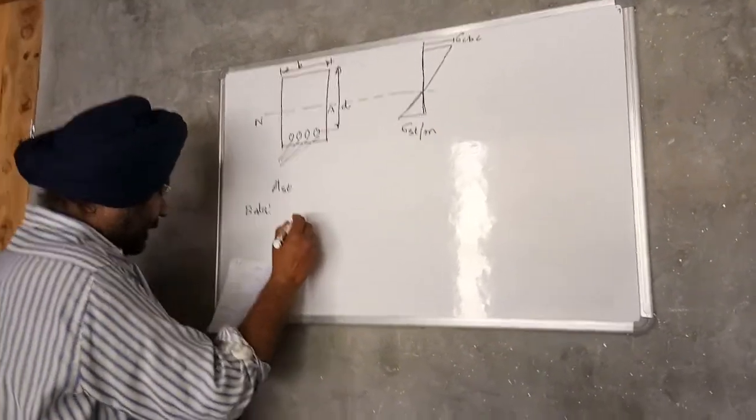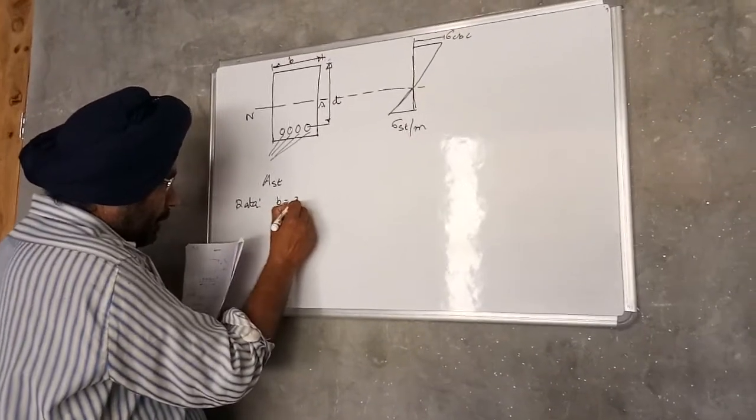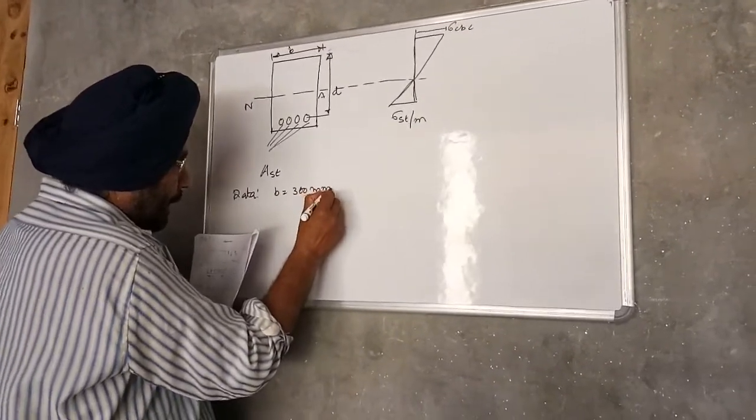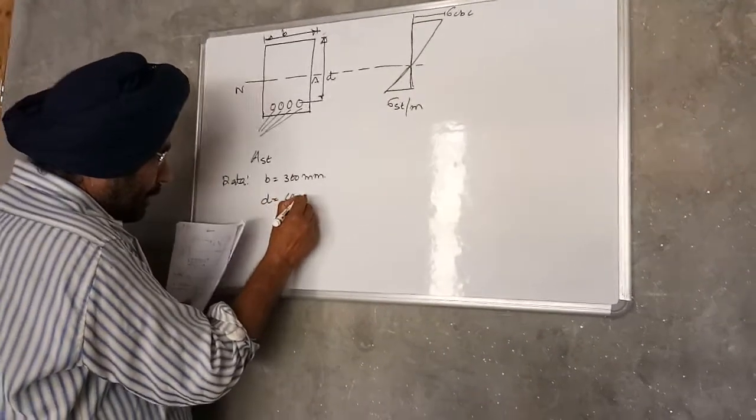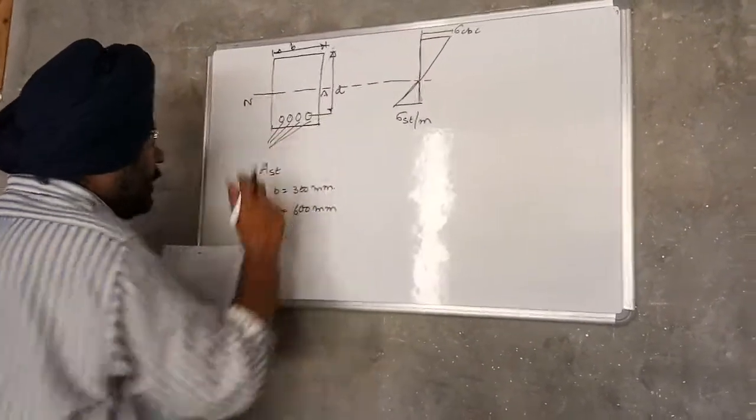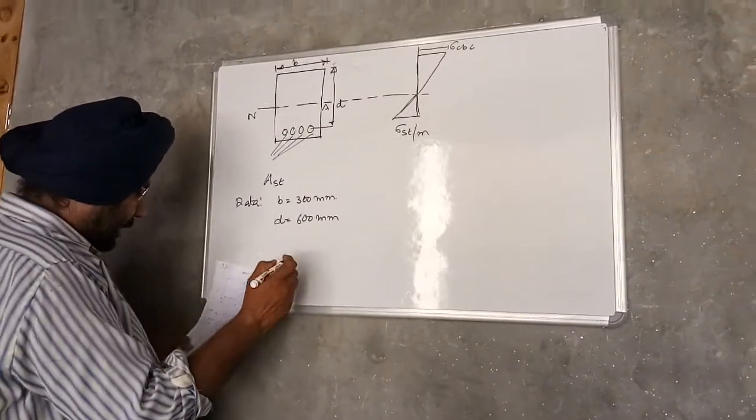width of the beam section is given as 300 millimeter and effective depth is given as 600 millimeter, and the cross sectional area of the steel in tension AST.